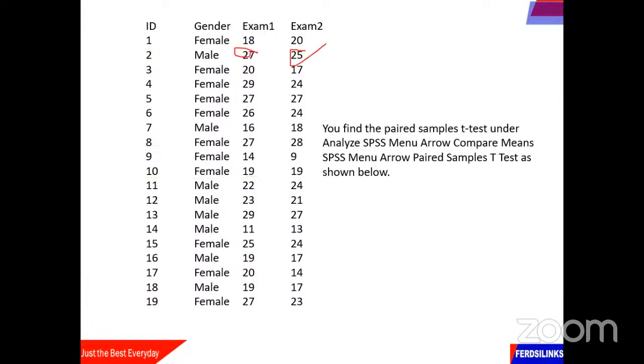scenario. So each participant in our study must have scores on 2 areas. If you have a mark in the first exam, you have. So if somebody has a mark in the second exam and does not have in the first, then you don't include the person. The data is incomplete.